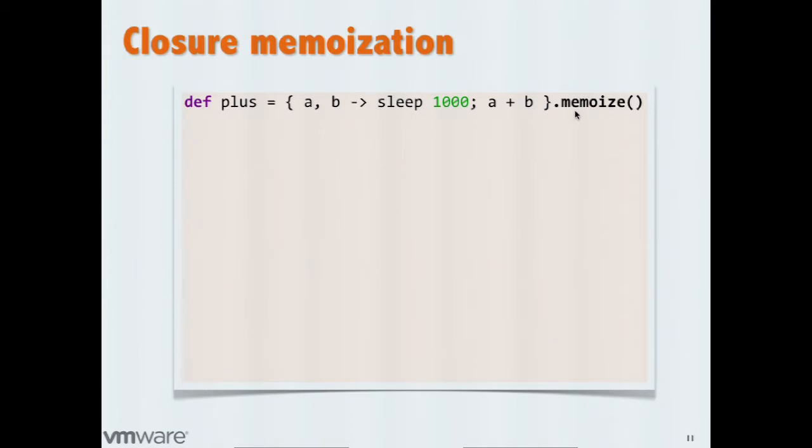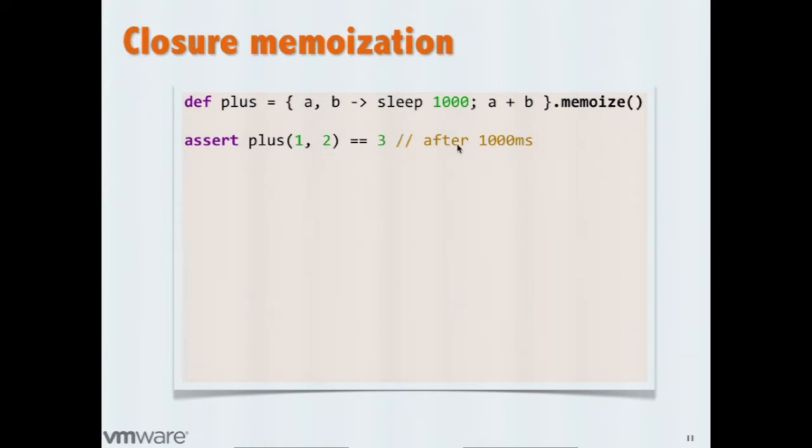Then I call a new method on closures, which is memoize. This is the memoization pattern, so that it creates a new closure which remembers the outcome of previous invocations with the same set of closure parameter values. The first time you call that closure with 1 and 2, it's going to return 3.